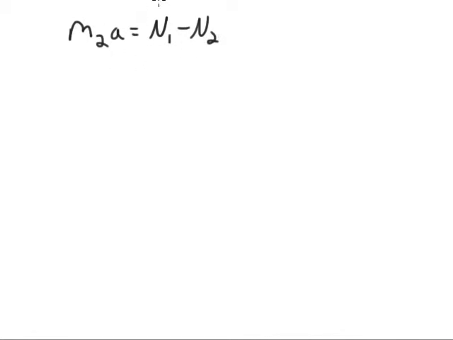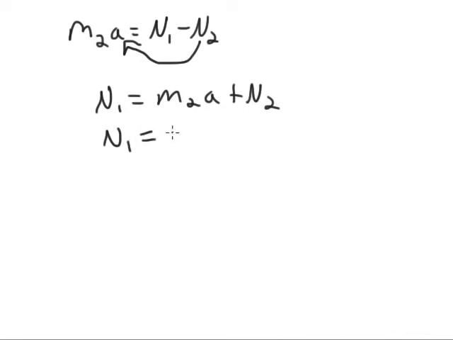That was one of the equations that we had. And we already know what N2 is, so we can just swing this over to here. So we'll get N1 equals M2A plus N2. And we'll get N1 equals M2A plus M3A. And we can just rewrite this as N1 is equal to M2 plus M3 times A.